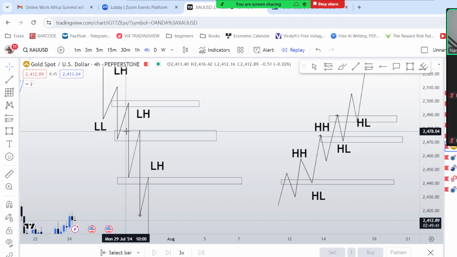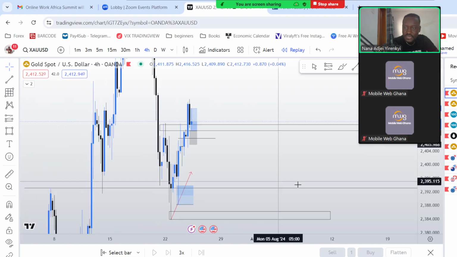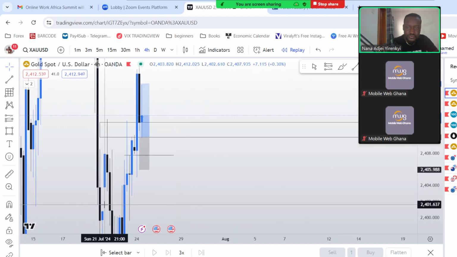So I draw a ceiling where price will eventually hit and then drop. The same way, if I'm expecting price to push up, then I'll be drawing certain floors that are acting as support levels. Then when price hits these support levels, price will start bouncing off and pushing up. So that is how I got to enter this particular trade.